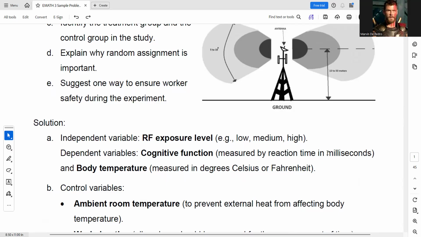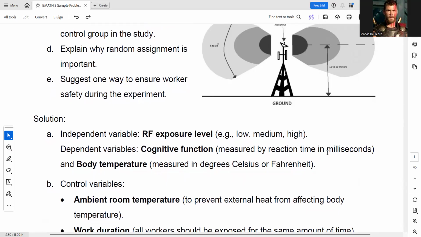All participants must experience the same room temperature, in both groups, so that there will be no bias in our measurements.